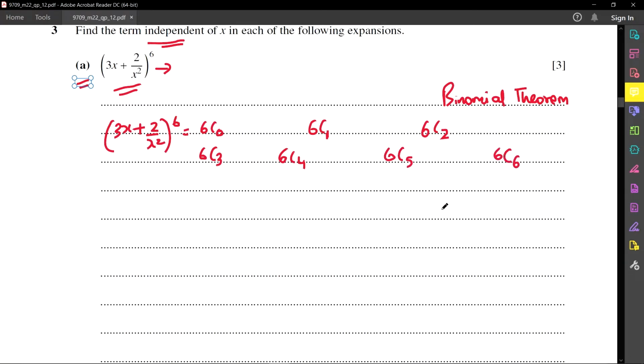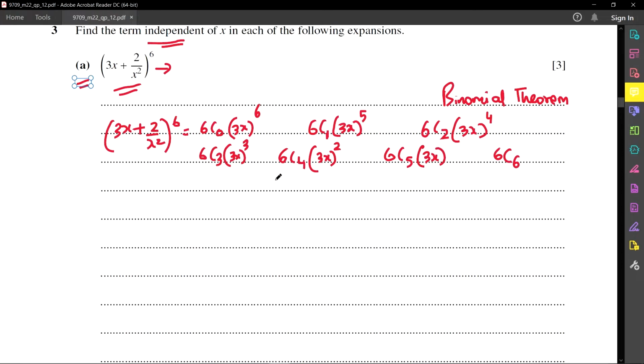This is how you write the binomial coefficients. Starting with 3x, the power in the first term is 3x whole power 6. From there it decreases by power 1, so 3x whole power 5, 3x whole power 4, 3x whole cube, 3x whole square, into 3x, and finally it stops there.